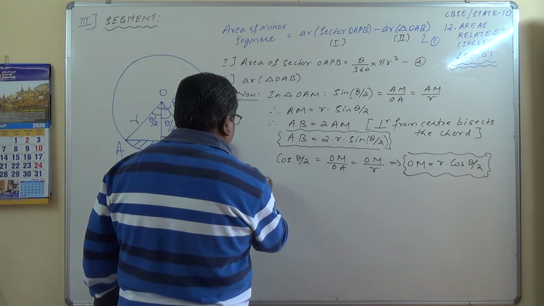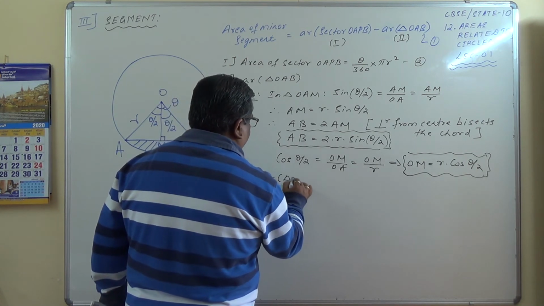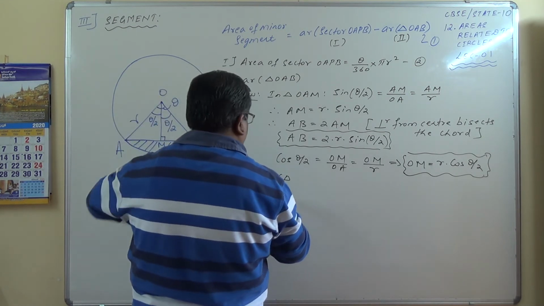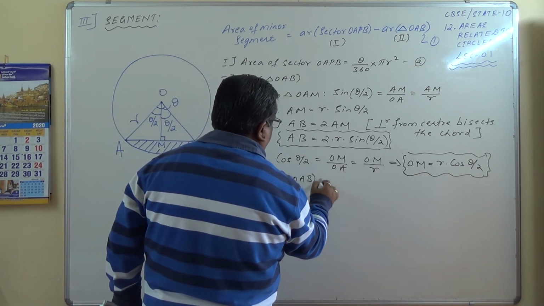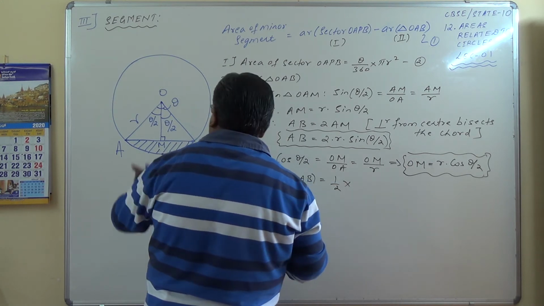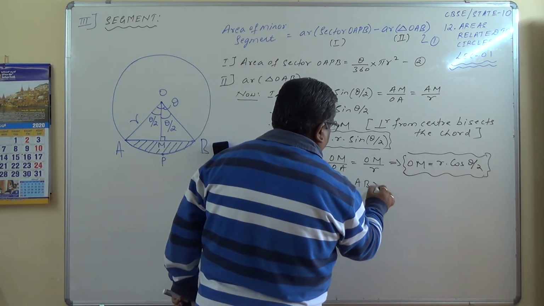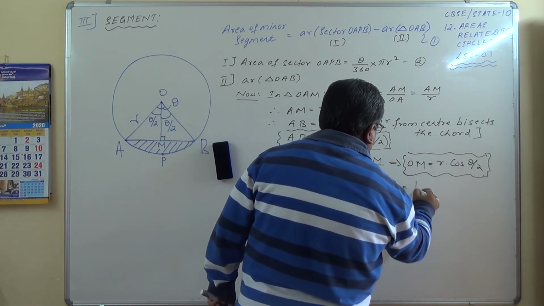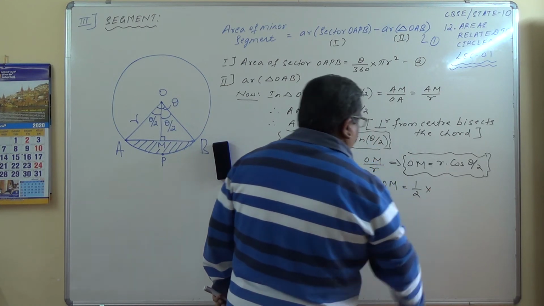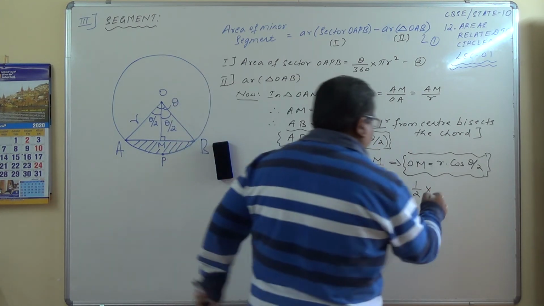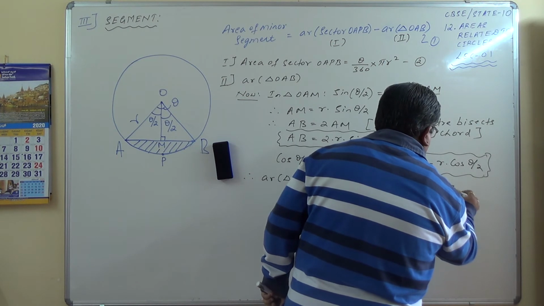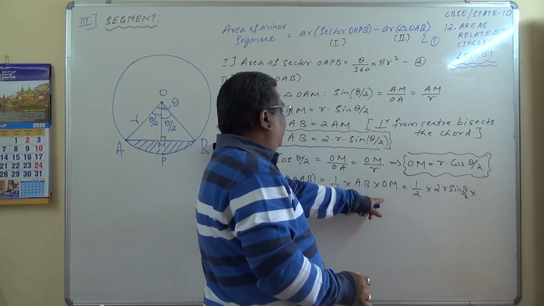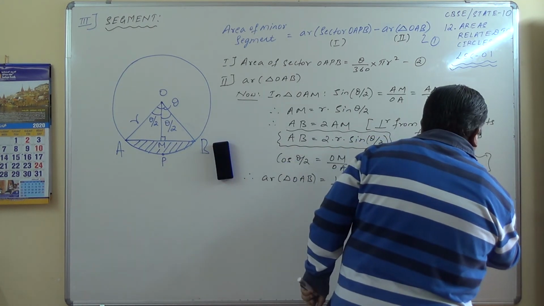Therefore, the area of triangle OAB equals half into base AB into altitude OM, which is equal to half into 2R sin theta by 2 into R cos theta by 2.